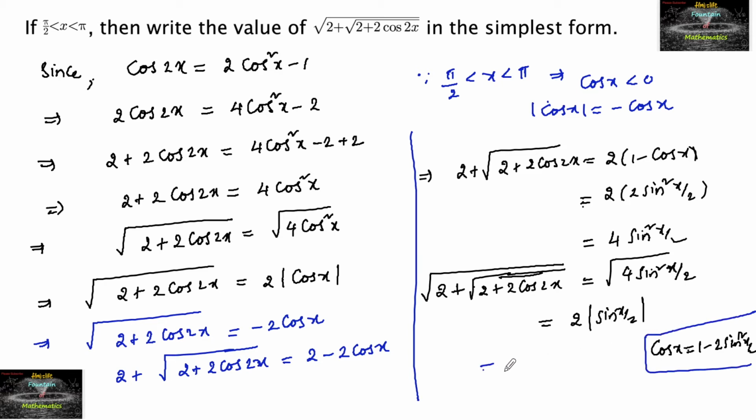Since x lies between pi by 2 and pi, x by 2 lies between pi by 4 and pi by 2. That's in the first quadrant. In the first quadrant sin is positive, so sin x by 2 is positive, so we can take 2 times sin x by 2. So the answer is root over 2 plus root over 2 plus 2 cos 2x equals 2 sin x by 2. Okay, thank you.